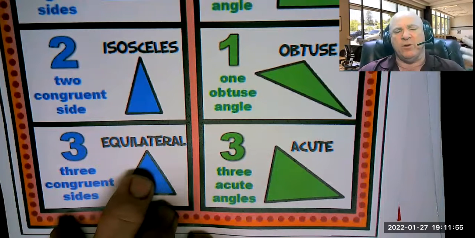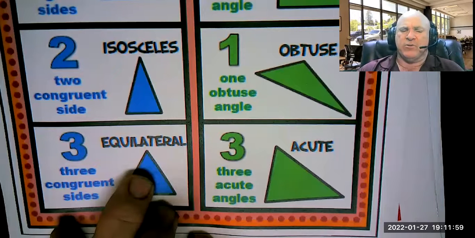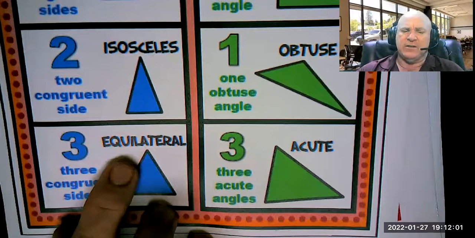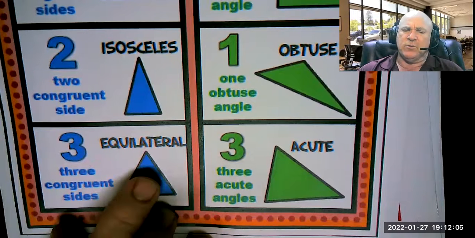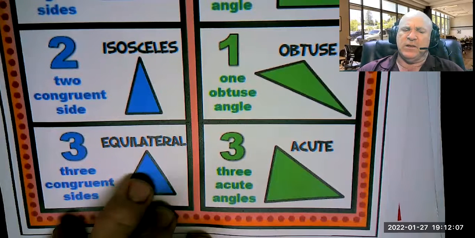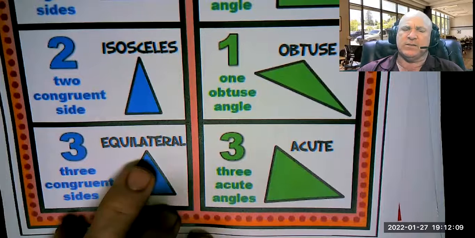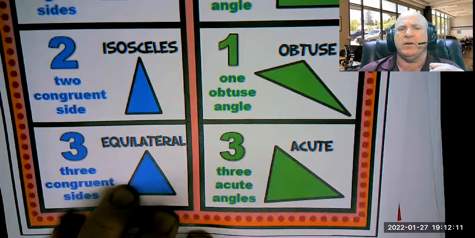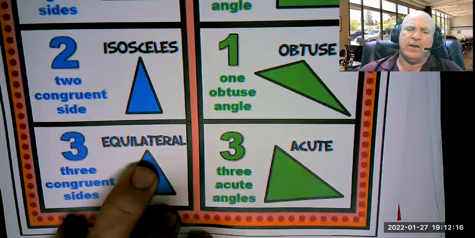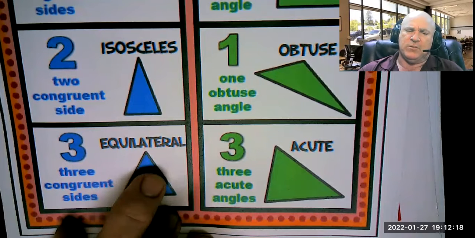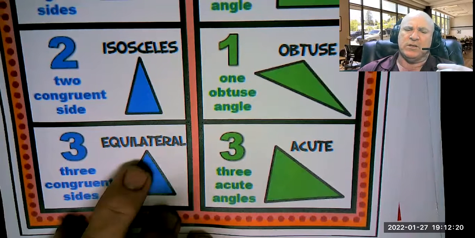If an equilateral triangle has three congruent sides, then the opposite angles will also be congruent. So 60 plus 60 plus 60 equals 180 degrees, or 60 times 3. So each angle of an equilateral triangle is going to be equal to 60 degrees.